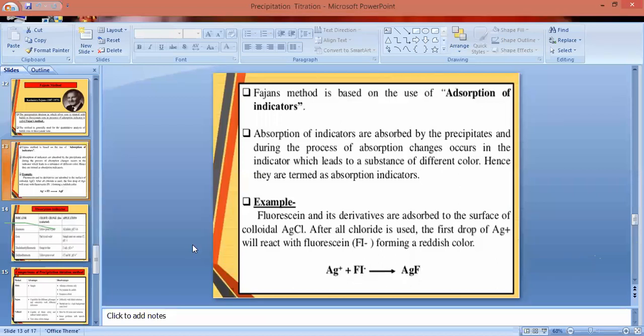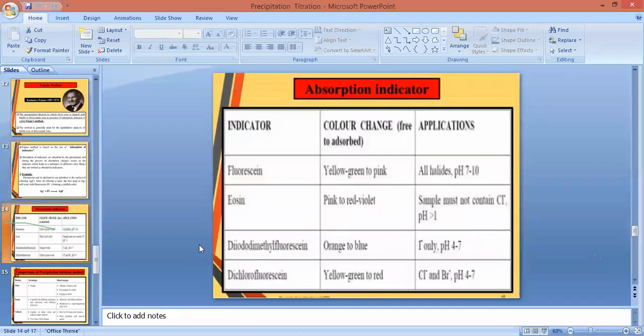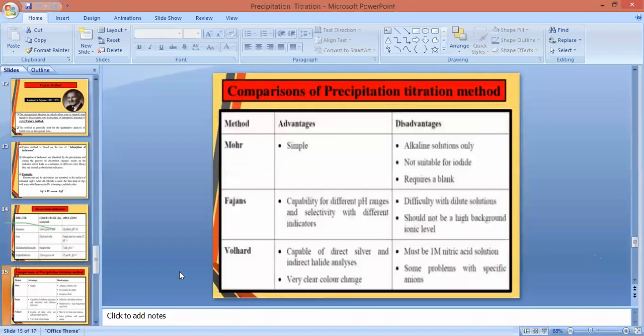That is indicated by the color change, the formation of reddish brown. Other than fluorescein, these 3 indicators are used in Fajans method of analysis: eosin, diiododimethylfluorescein, and dichlorofluorescein. So this is the third type of precipitation titration, that is Fajans method.